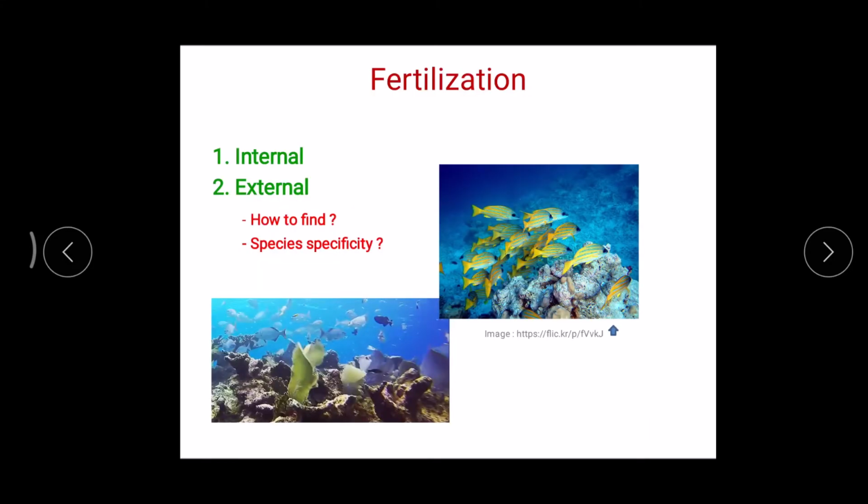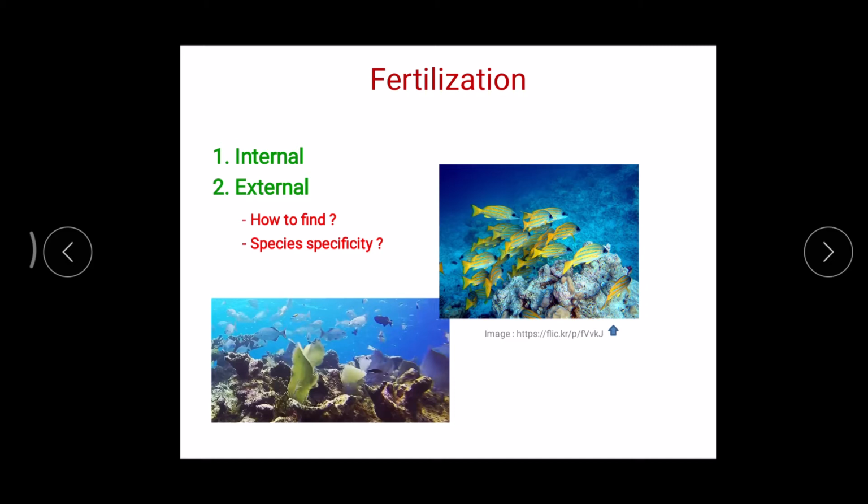There are two broad types of fertilization: external fertilization and internal fertilization. In internal fertilization, sperms are deposited directly in the body of the female, and due to this the process is quite simple. But the real challenge is in external fertilization, where organisms release their gametes into the surrounding environment.